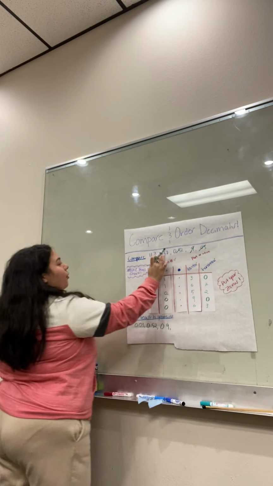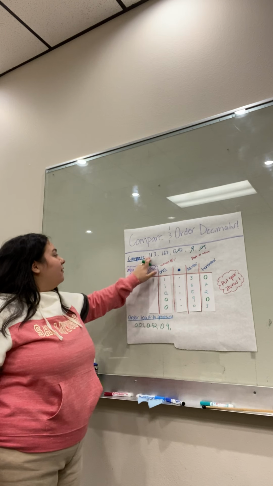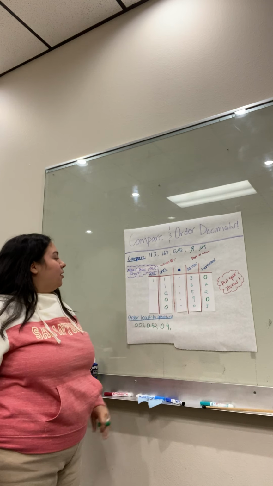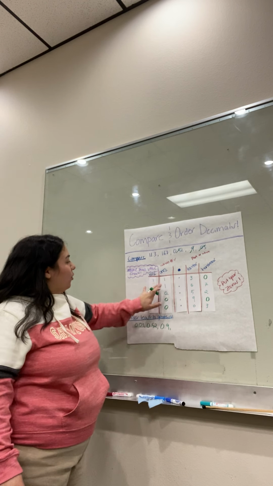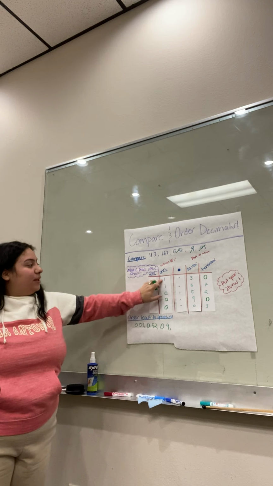Now we're going to look at our whole numbers. We're going to look on the left side of the decimal. We have 11 and 1. Which one has more value? The 1 in the ones or 11 because it's in the tenths place value.